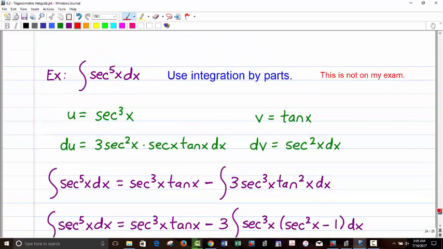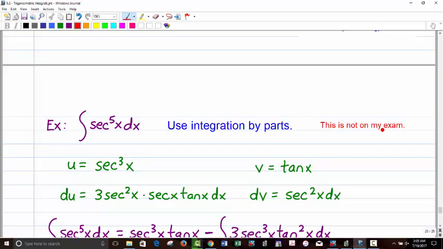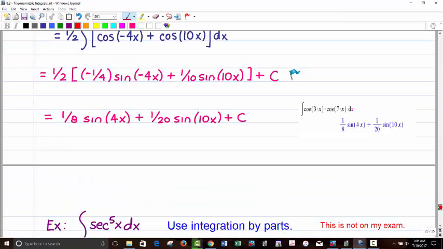I made a little blurb here. Not on the exams. That's usually enough for students to tune out right there. Anytime I put the flag, that means that's the correct answer, so this one's correct.